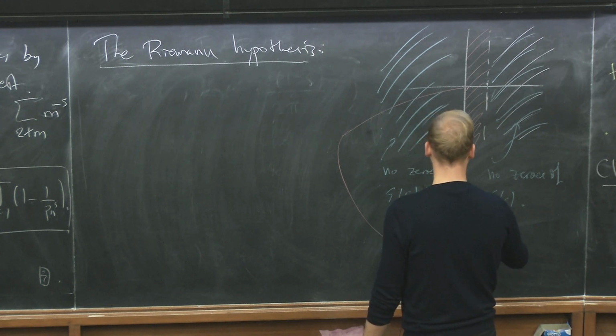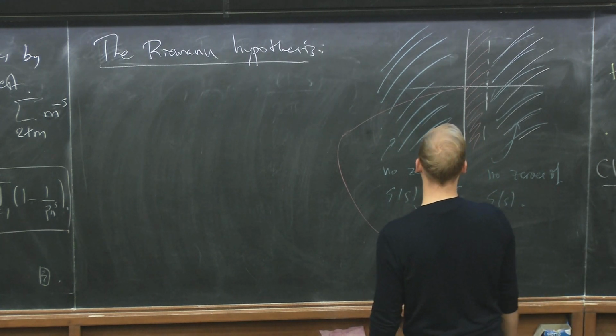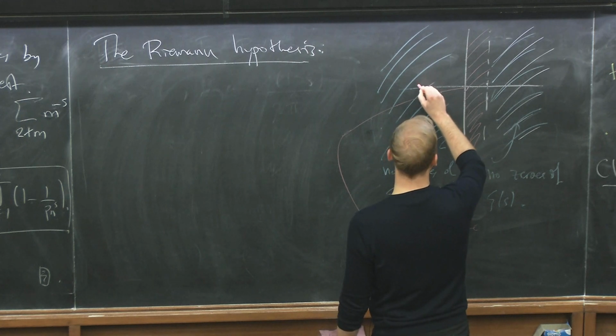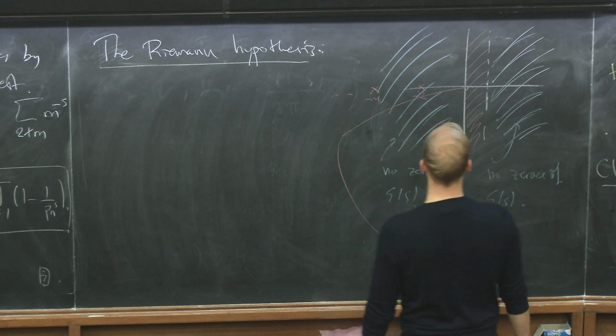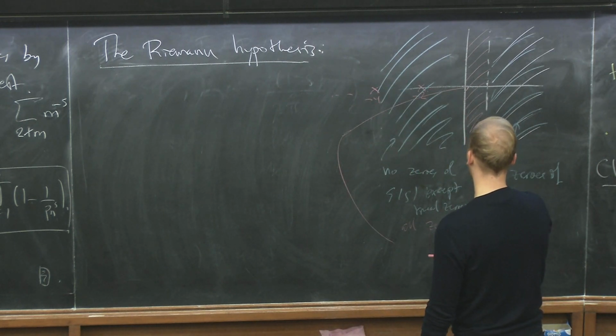The trivial zeros were those when the sine of pi times s over 2 had zeros, but which were not cancelled out by poles. So it was at minus 2, at minus 4, and so on, minus 6. So we had these zeros here, and these are the only ones.